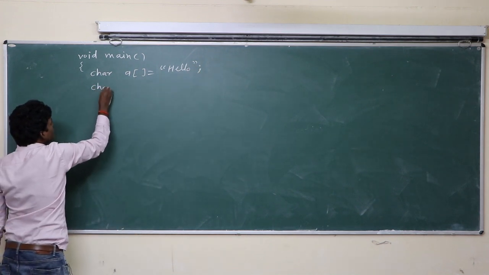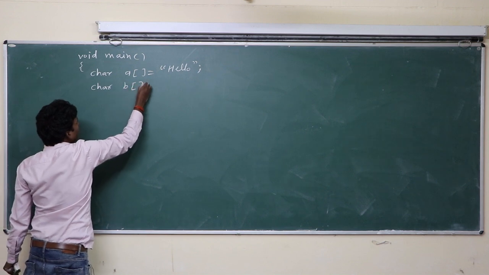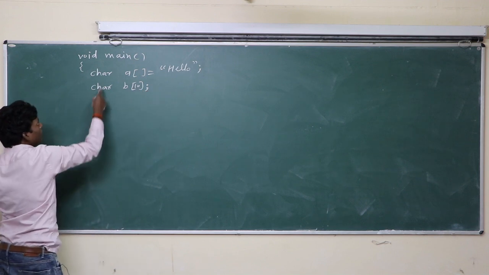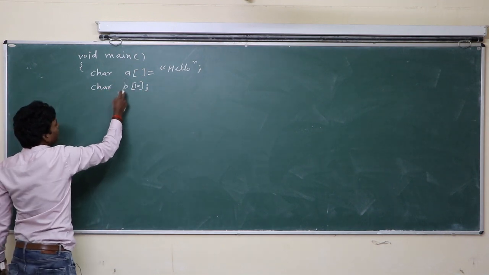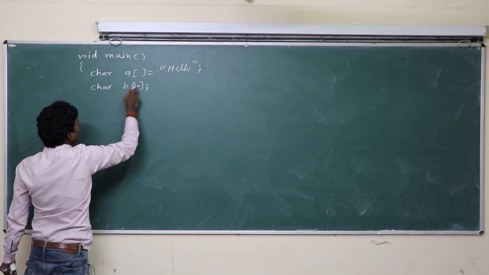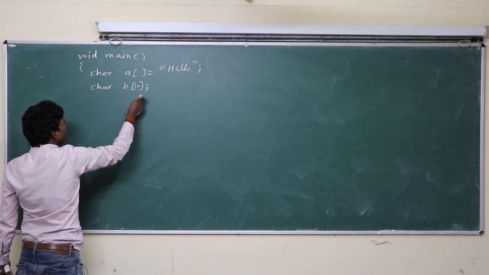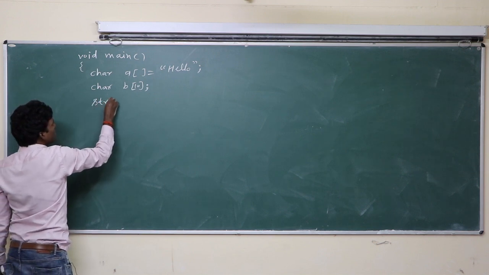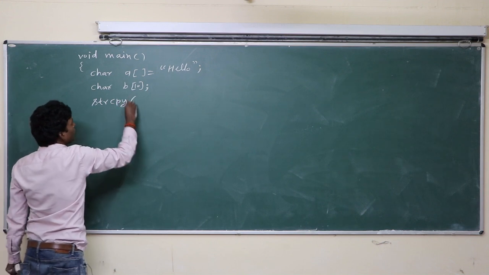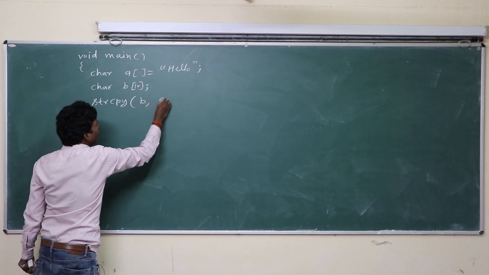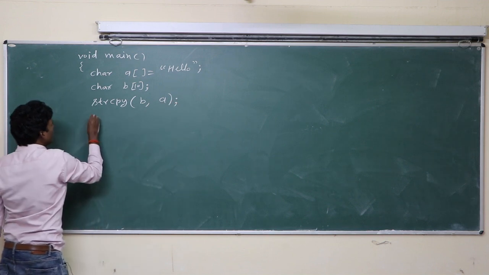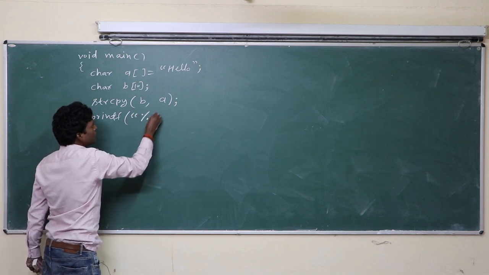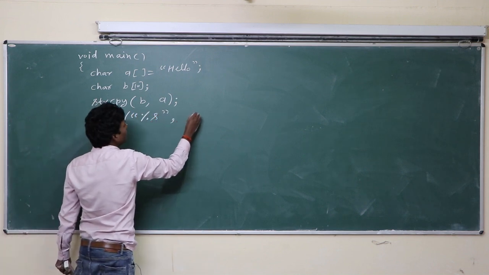Another string is blank, that is B. Class, there are two strings A and B. A has hello, A is filled, and string B is blank. Now strcpy B comma A, printf %s B.